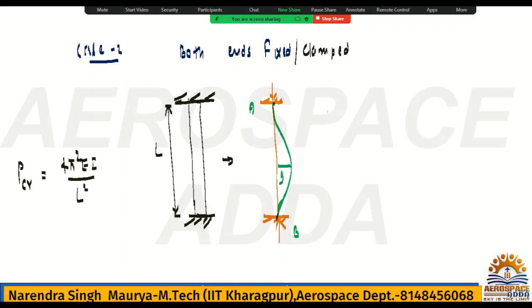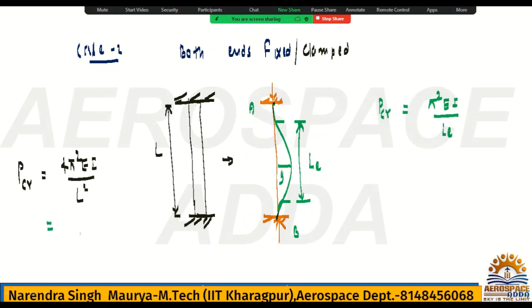So now if you check what the equivalent length is, this will be the equivalent length LE. How to calculate this? Very simple. You compare with the standard. What is the standard? PCR is equal to pi square EI by LE square. And for this you have the formula 4 pi square EI by L square.